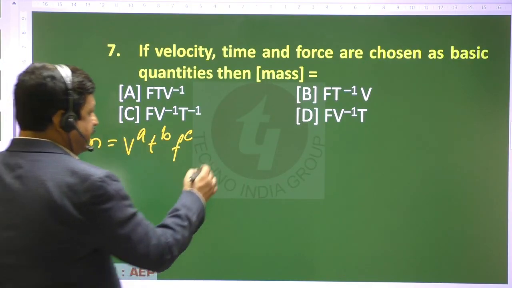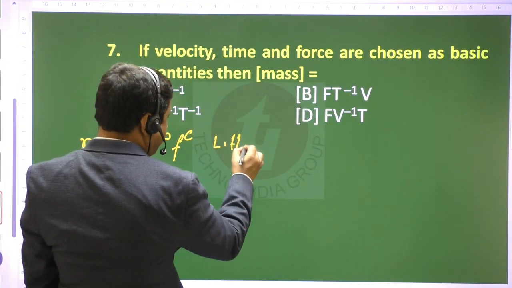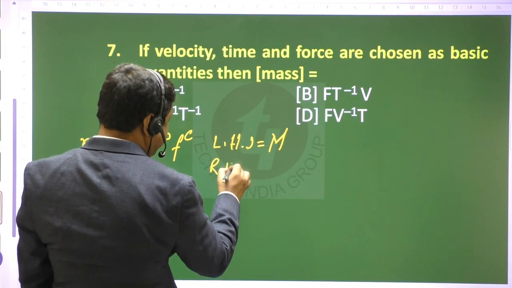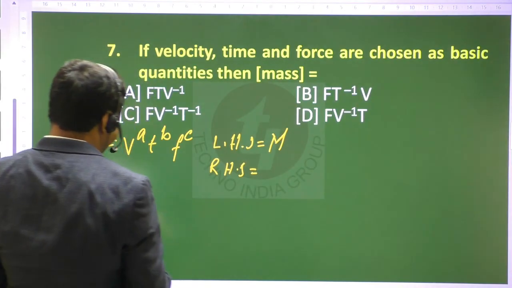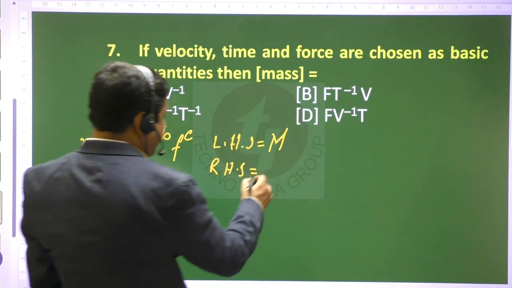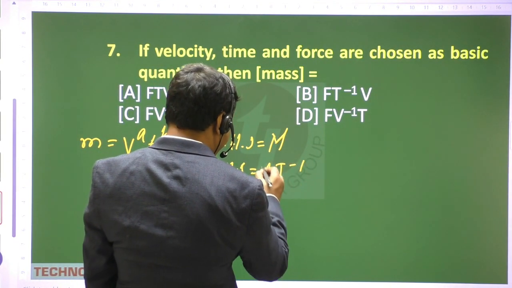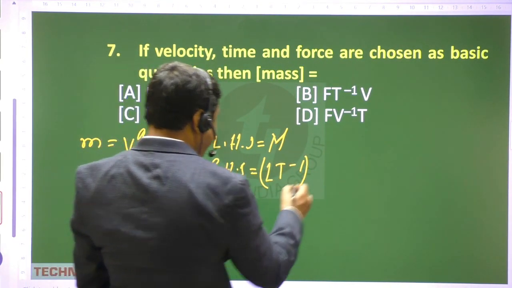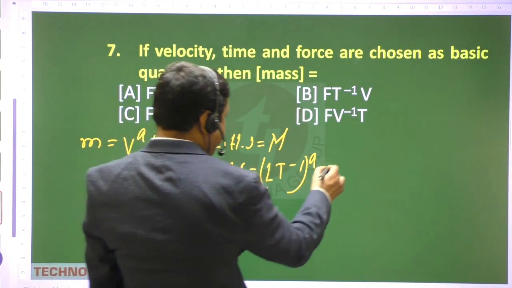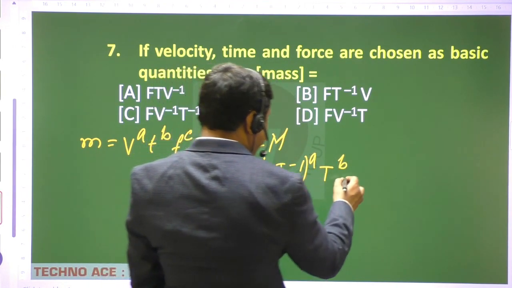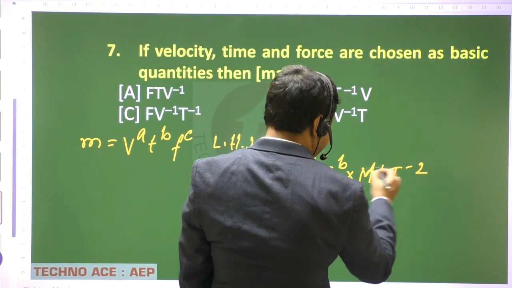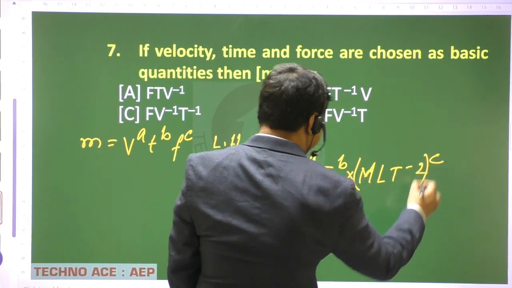So the left hand side has dimension M. The right hand side: v is velocity, that is L T to the power minus 1 whole to the power a, t to the power b, and F is force, which is M L T to the power minus 2 whole to the power c.